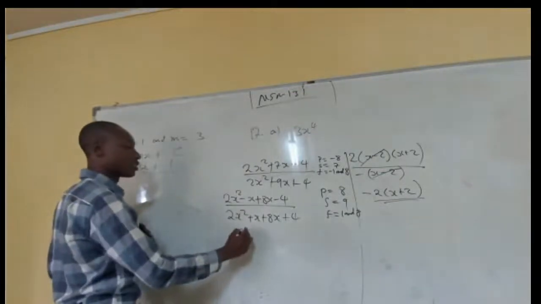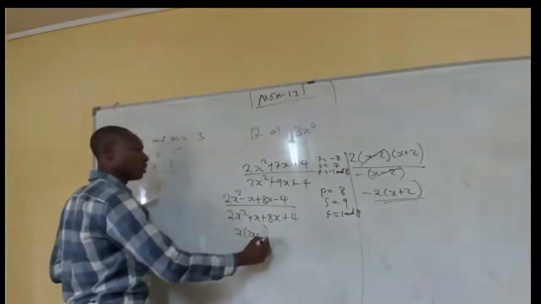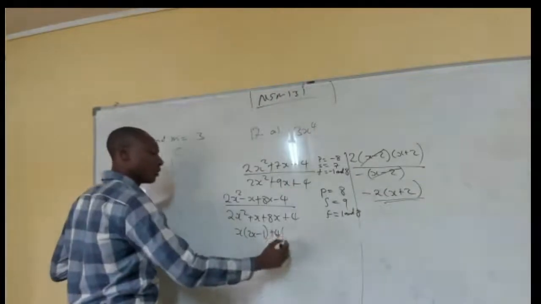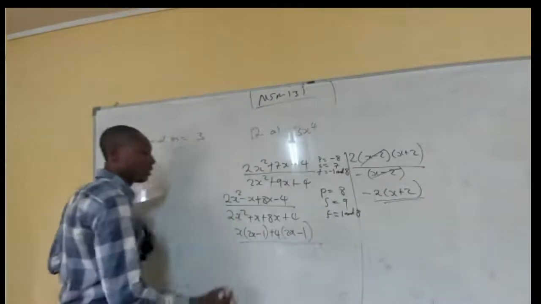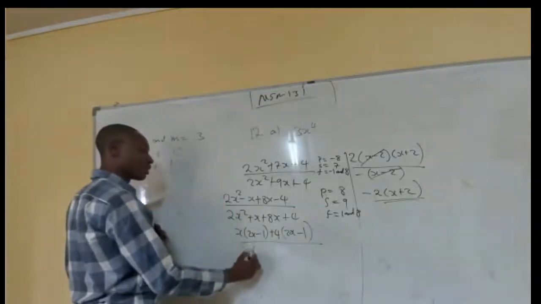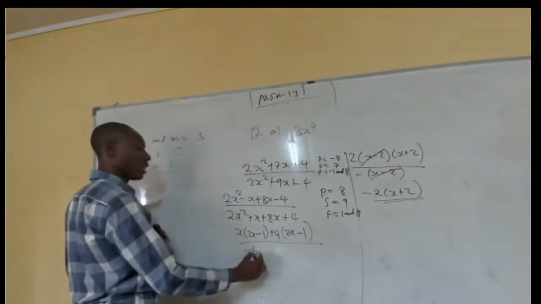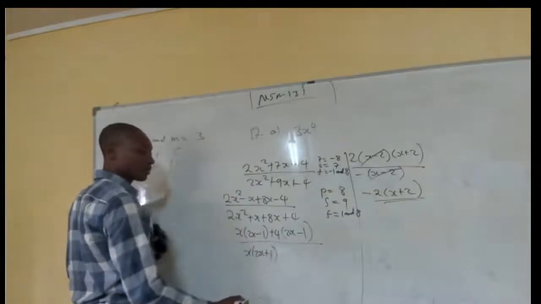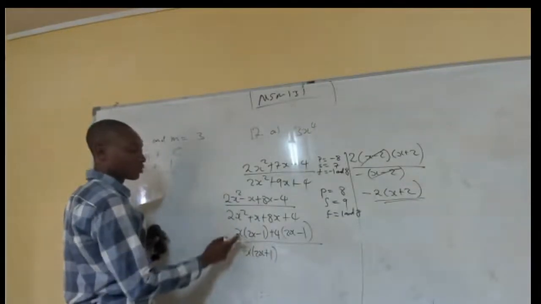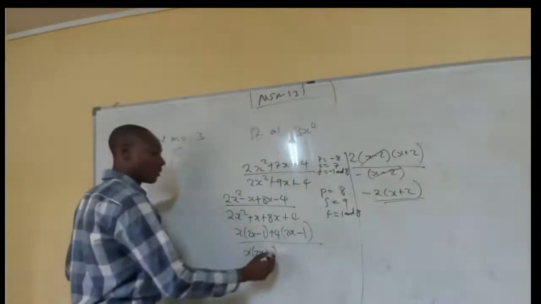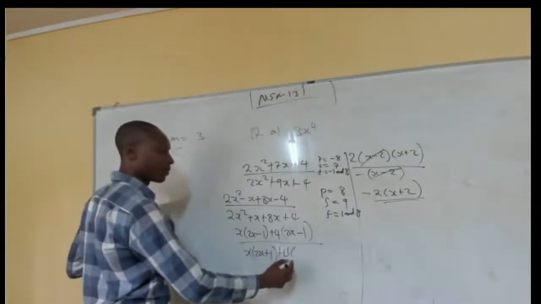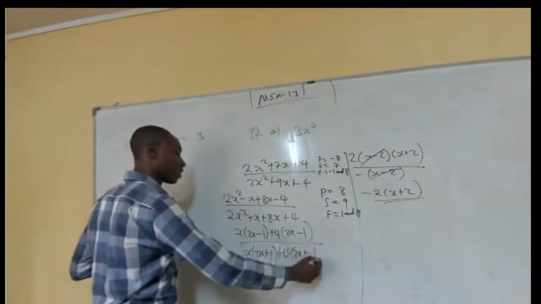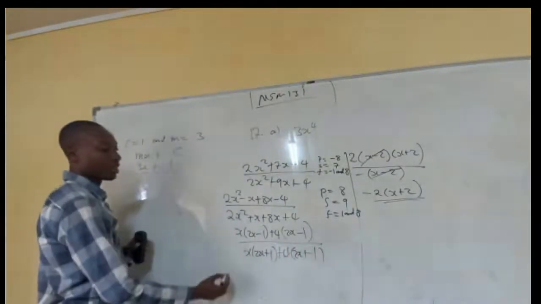We have x common, 2x minus 1, plus 4 is common, then we have 2x minus 1. Everything over the denominator, we have x common, then we have 2x plus 1, okay? Because from here that's 2x plus 1, then plus 4 is common, from there then we have 2x plus 1, alright?